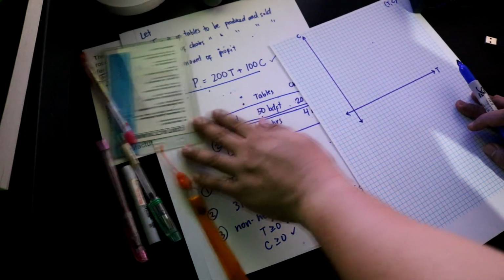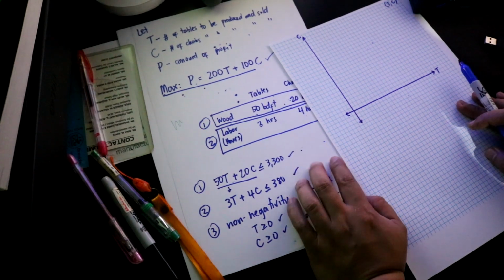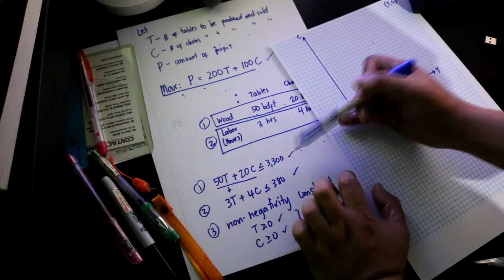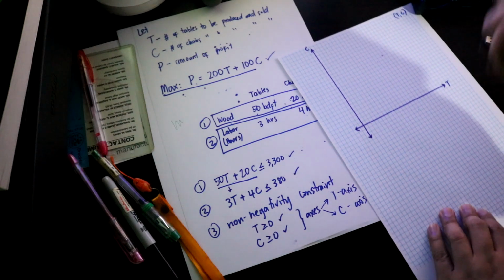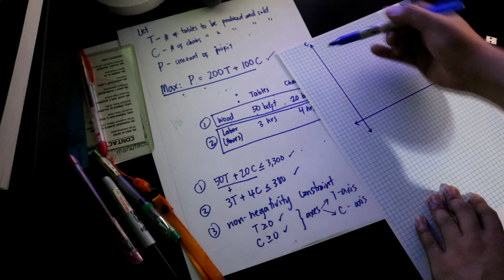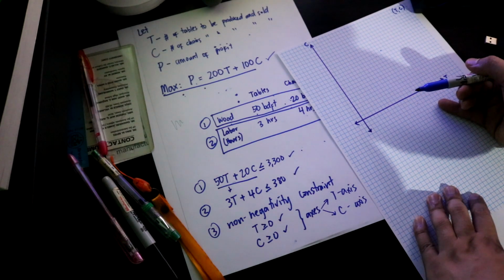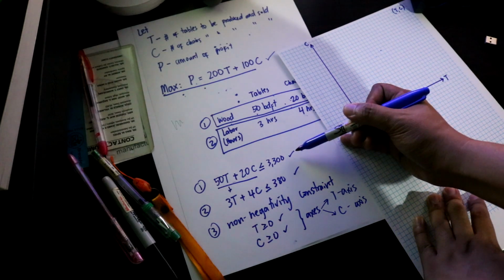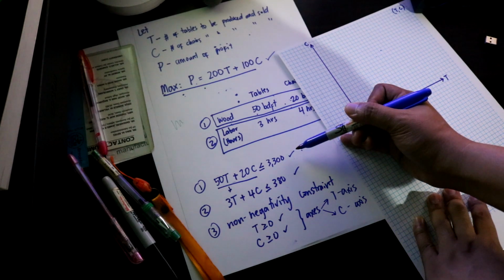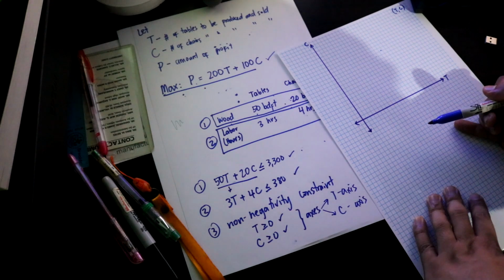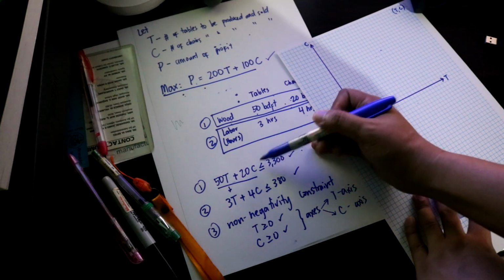Now we first plot these constraints, but take note, guys, that we need to be plotting lines, and lines are denoted by equations, not inequalities. That is why these constraints must be converted into an equality. How? Simply change the sign.